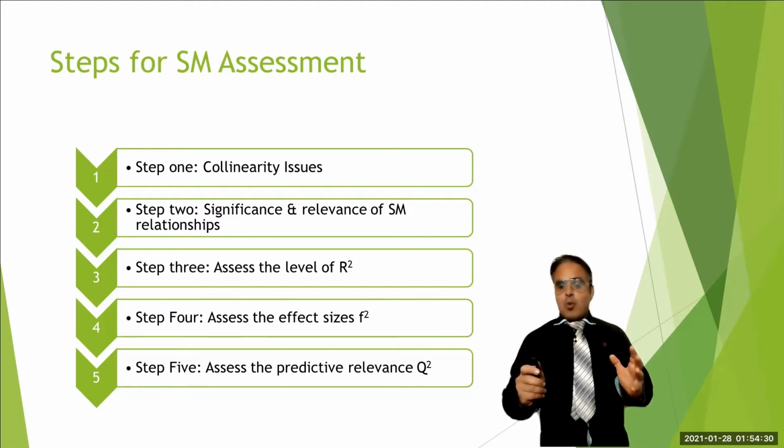This is the effect after intervening and removing, for instance, some indicators of some variables; we check the effect of this intervention on our model. And finally, in step number 5, we assess the Q-square, which is the predictive relevance.